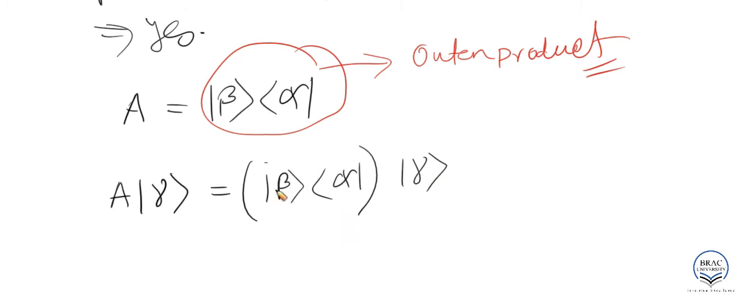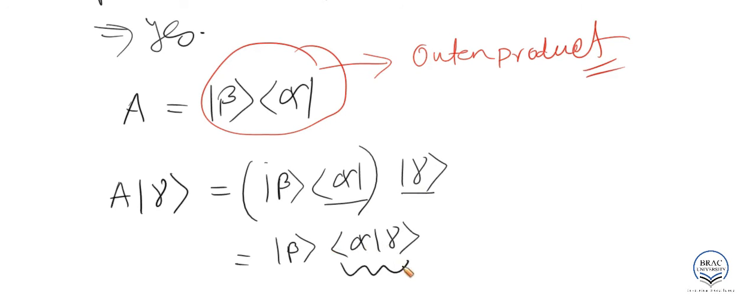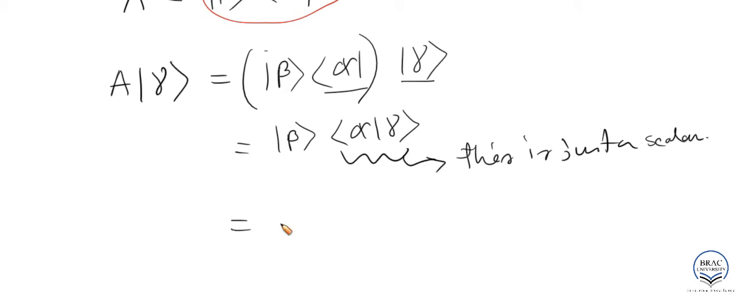Now here lies another important piece of our bracket algebra: this is a bra, this is a ket, so you can sandwich them. If you do that, this will be just alpha, gamma and beta. And recall from the inner product that this is just a number, a scalar. And what you can do is place it in front of the beta, and that is it.